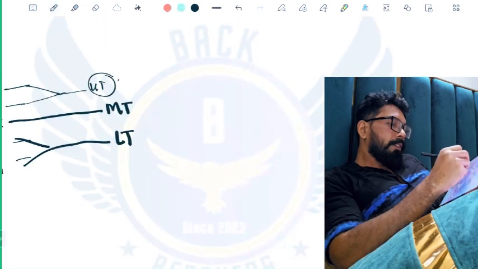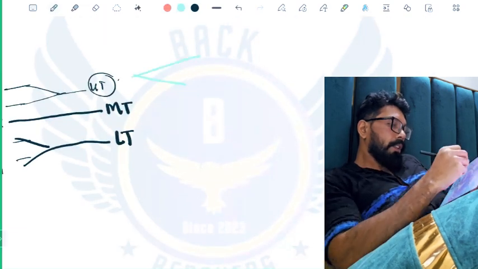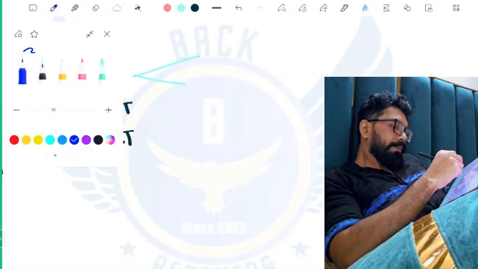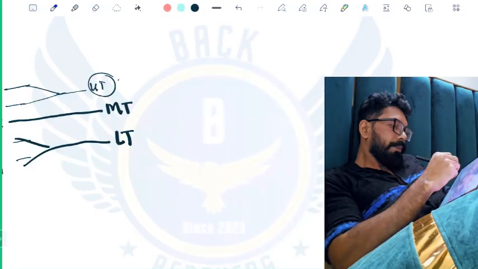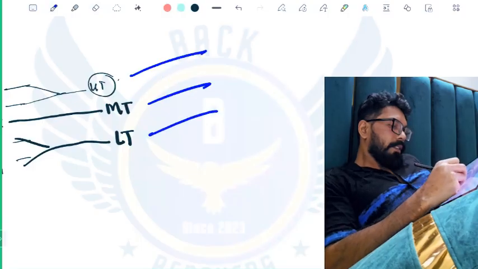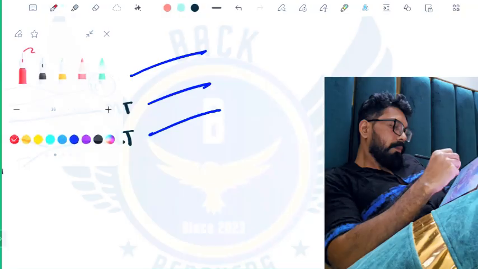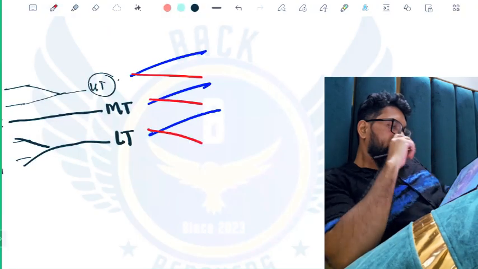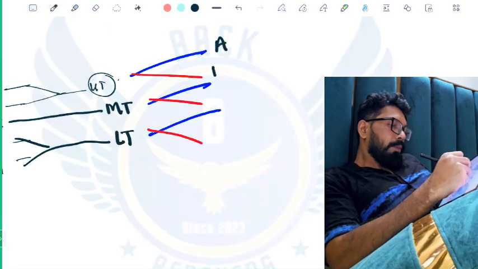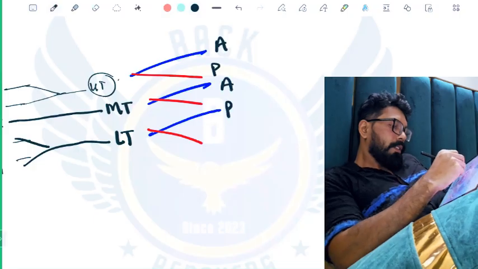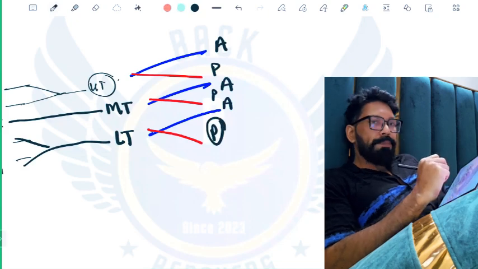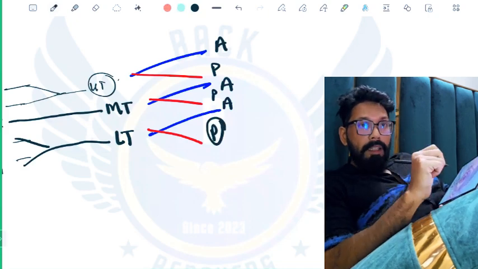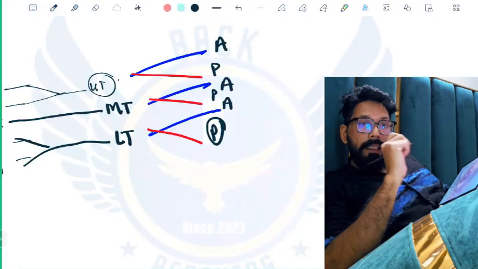All of these three will give two divisions, anterior and posterior. Anterior, posterior, anterior, posterior, anterior, posterior. So now what happens? Anterior from the upper trunk and anterior from the middle trunk will make the lateral cord.